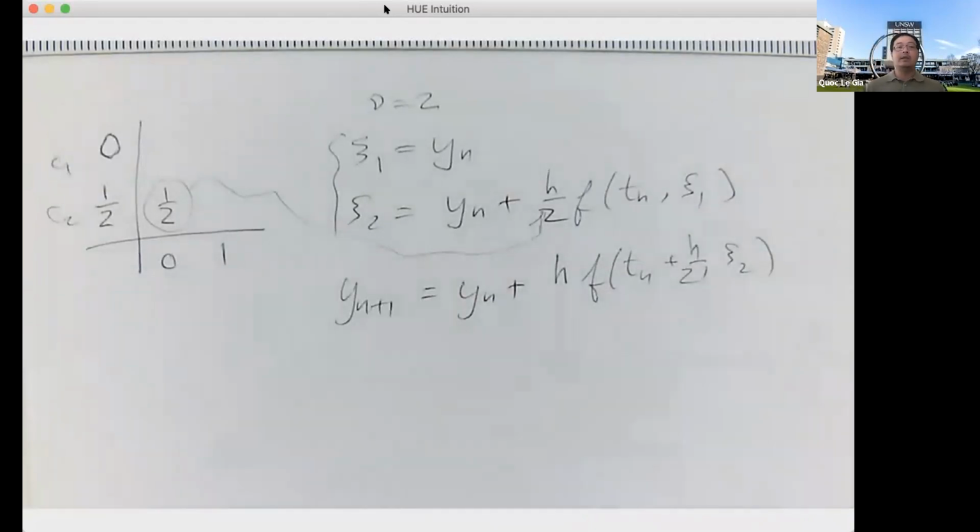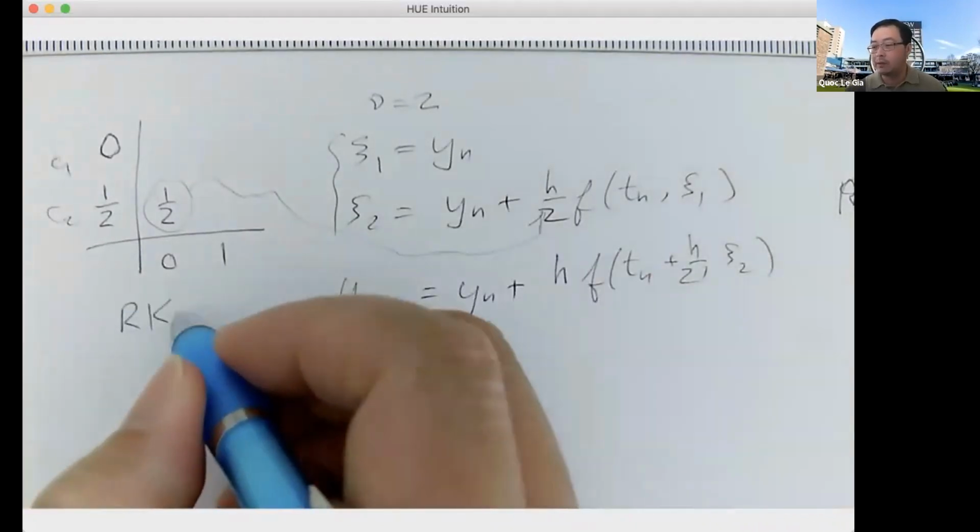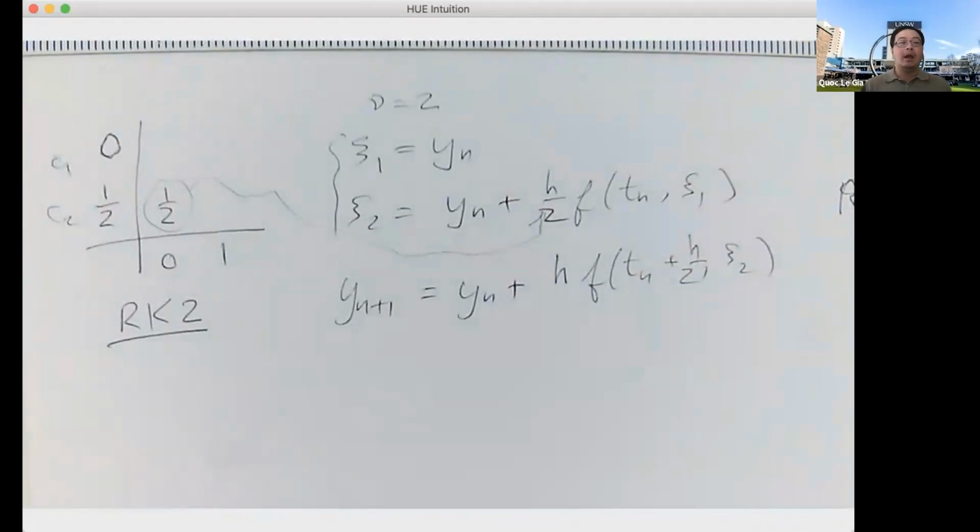This gives you the Runge-Kutta method of order 2, so RK2, with respect to this table. And you can do the same for another table of order 3.